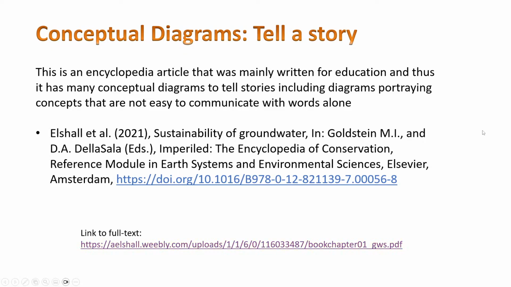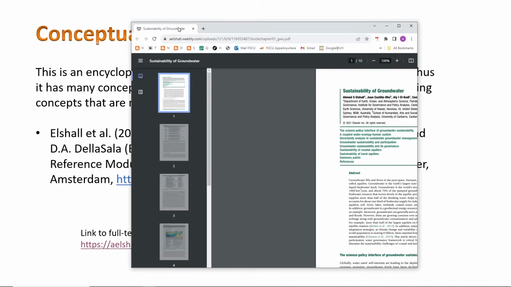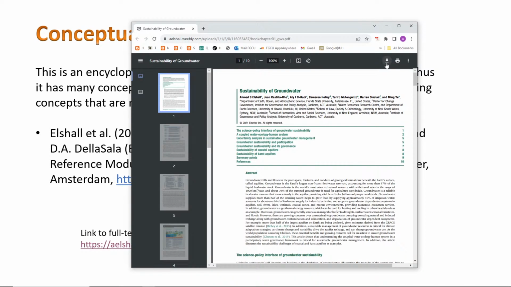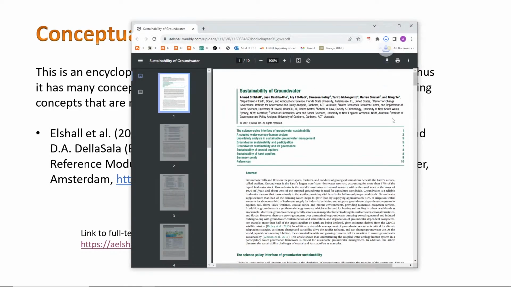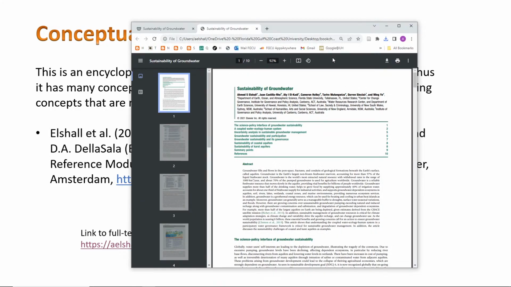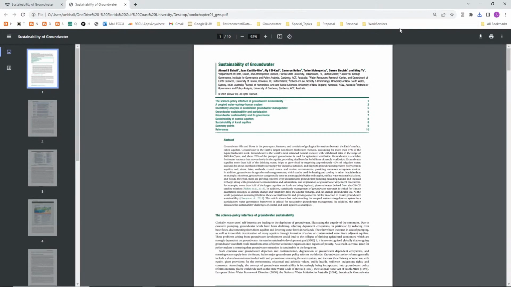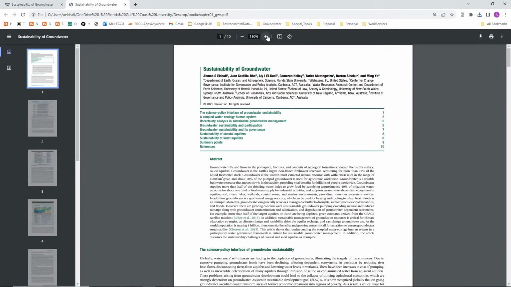Let me show you an example. So here, this is the article. I have this article here.